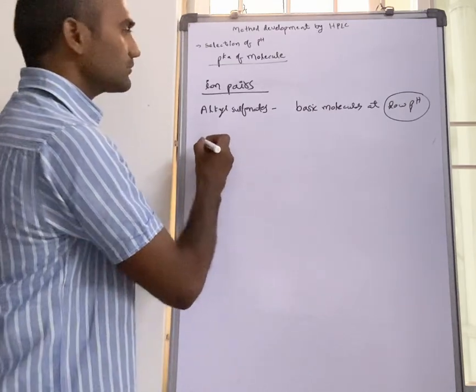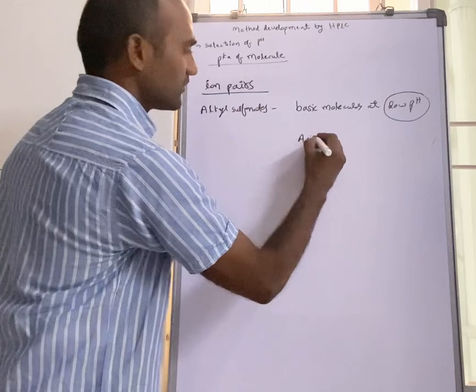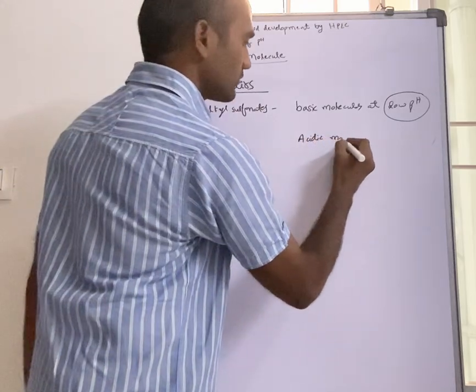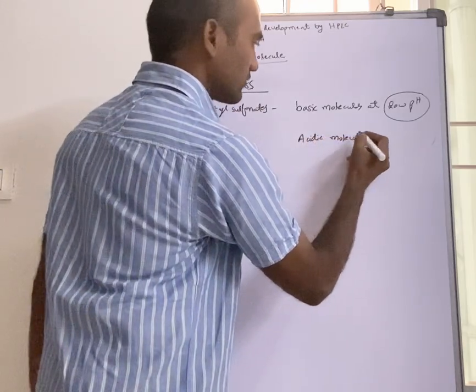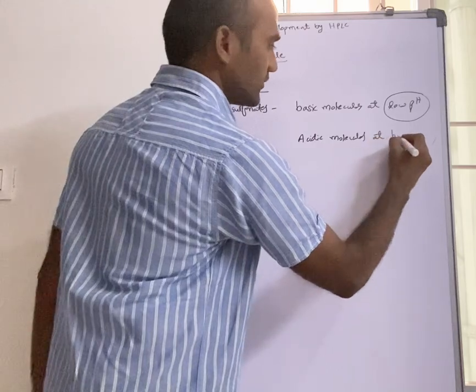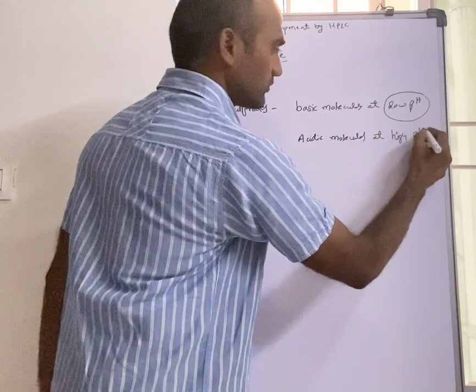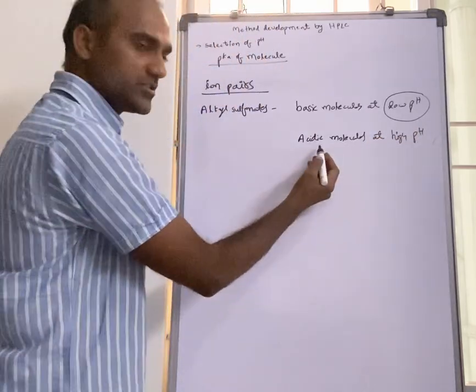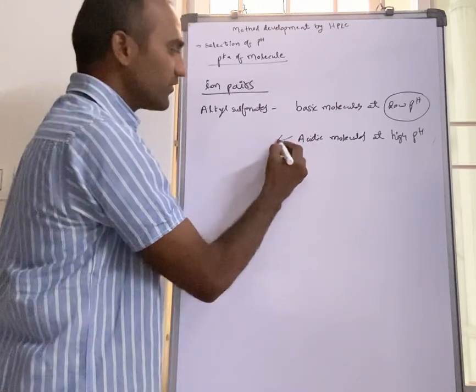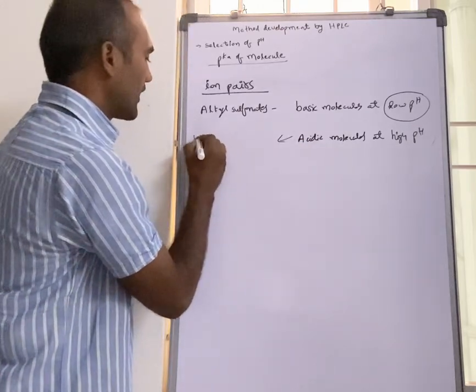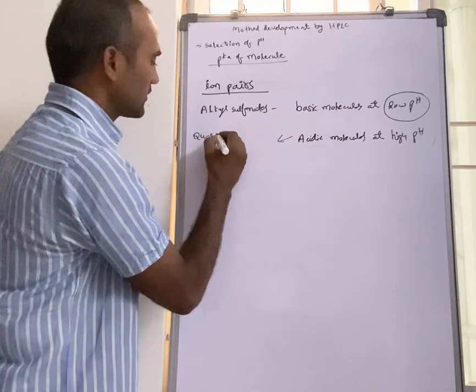For acidic molecules, at high pH, because at high pH acidic molecules will ionize and combine with, here the ion pair is quaternary ammonium salts.